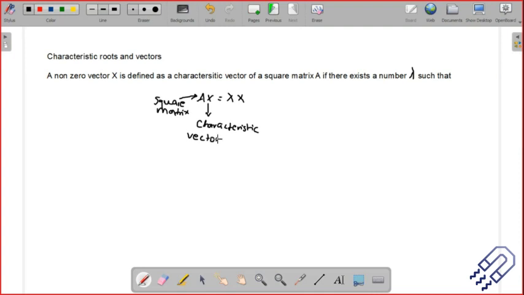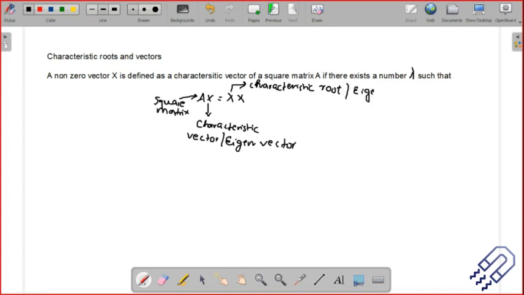There are different names here, but characteristic vector or eigenvector is more popularly used. Then we have the characteristic root. Now x you have already defined, so this lambda is the characteristic root, or we can say the eigenvalue.